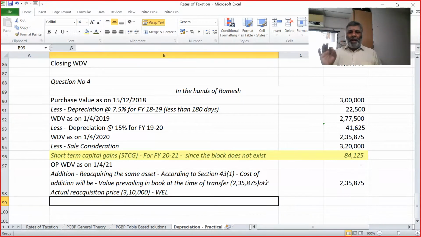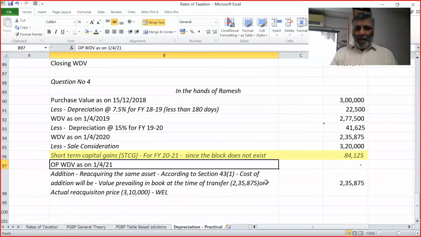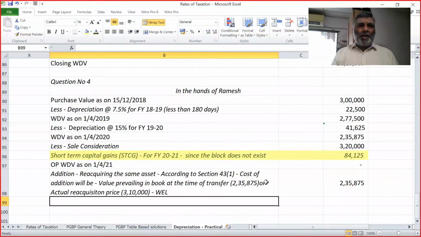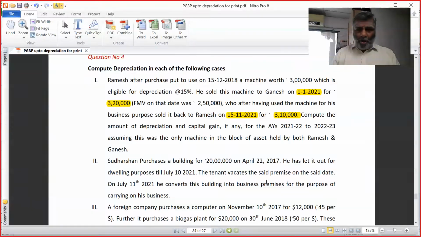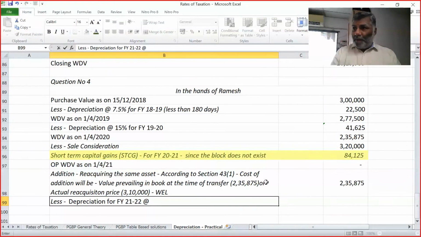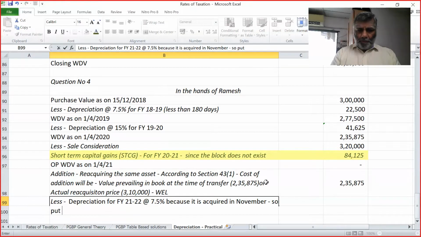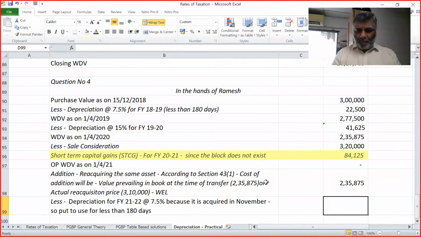So book value means this value, or actual acquisition price, less depreciation for financial year 21-22 at the rate of 7.5% again, because it is acquired in November, so put to use for less than 180 days.